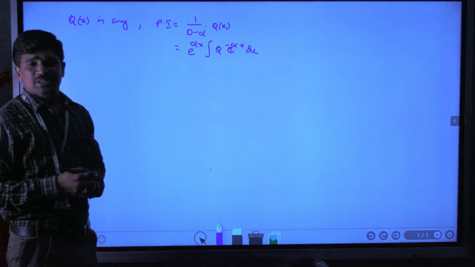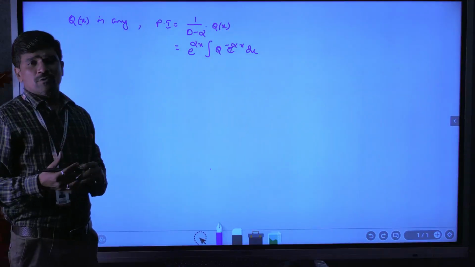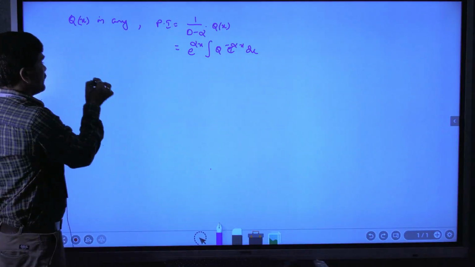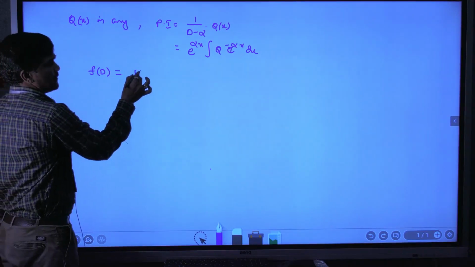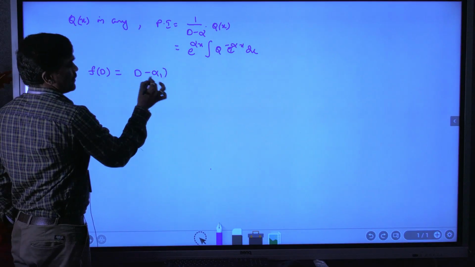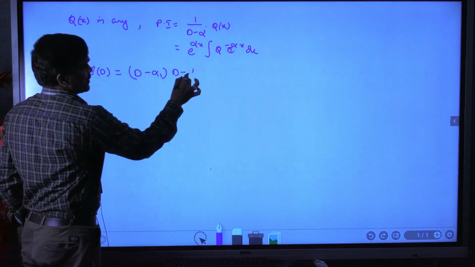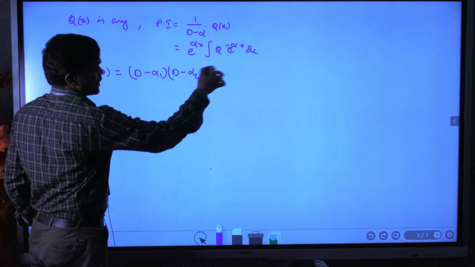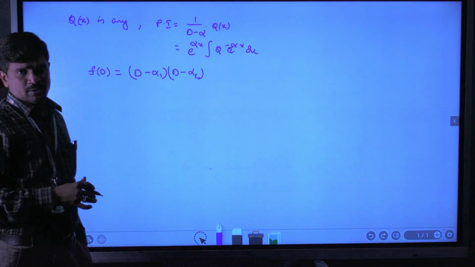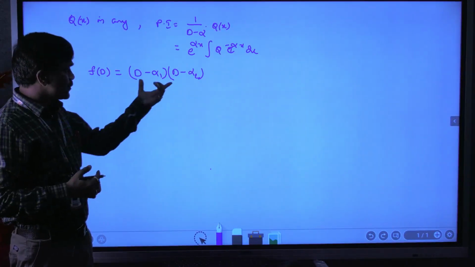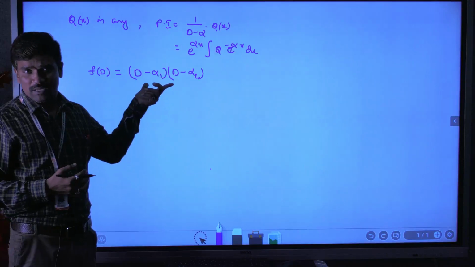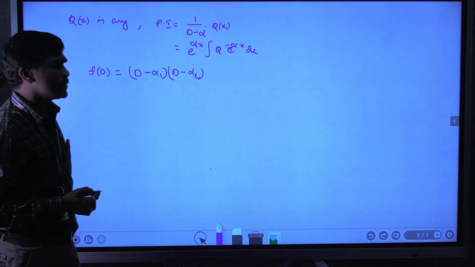Now in the general method to find the particular integral, first f of D can be written as D minus alpha 1 into D minus alpha 2 into and so on up to D minus alpha n, if we have n factors. Otherwise, suppose we take only two factors, D minus alpha 1 into D minus alpha 2.